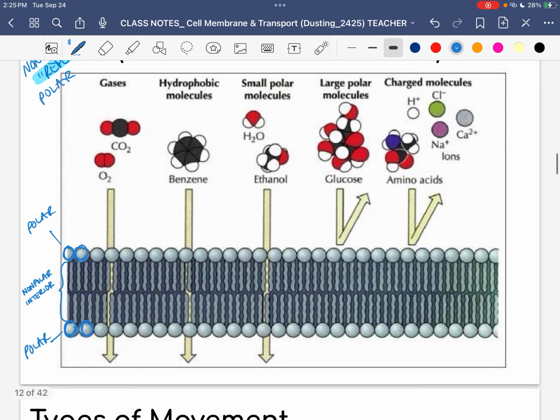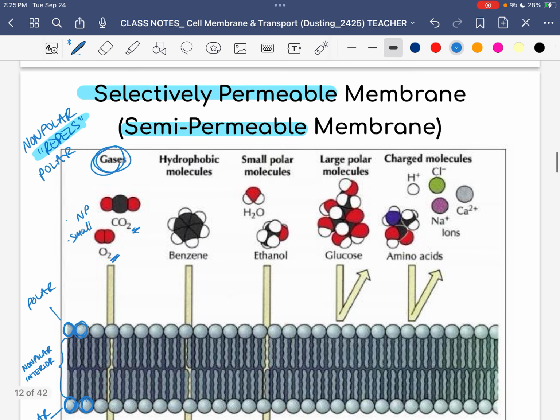So let's have a look at some things that can go through and some things that can't go through. Some things that can go through are gases. The gases that are often moving through our cell membranes are things like oxygen and carbon dioxide. Now remember, these are both non-polar molecules, but they're also very, very small. So the size matters and the polarity matters.